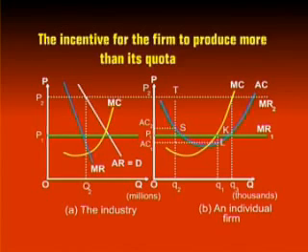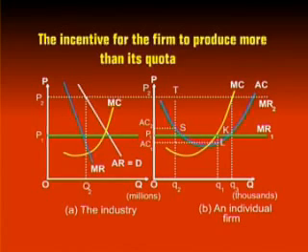Total industry output must be reduced to capital Q2. Let us assume that our particular firm is allocated a quota of small q2. Now at that output, its profits will increase to the rectangle P2TSAC2, right? Which is the kind of a square type of rectangle on the top.